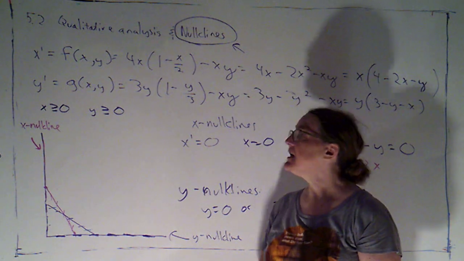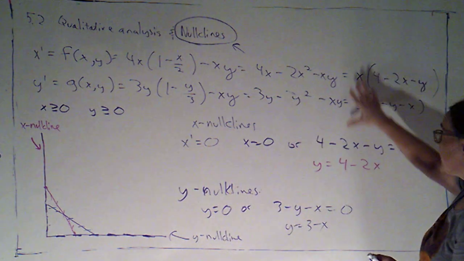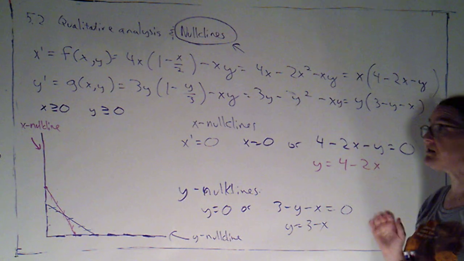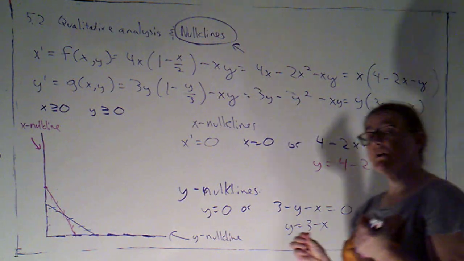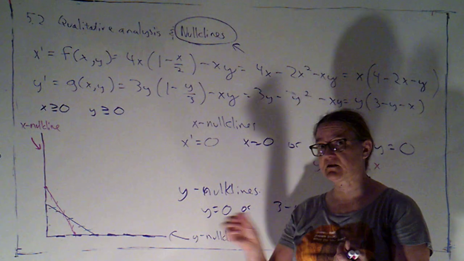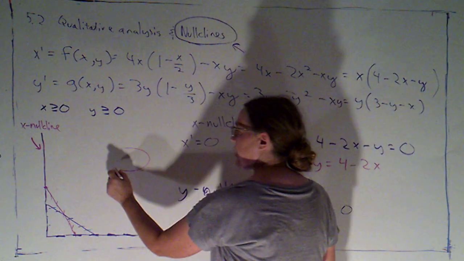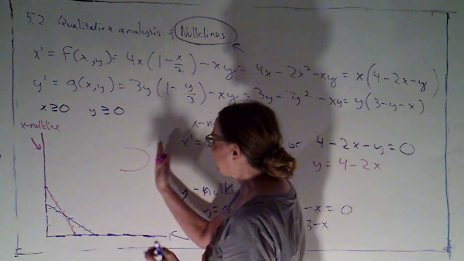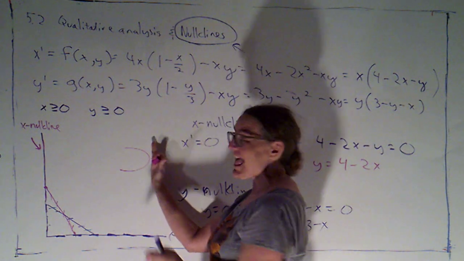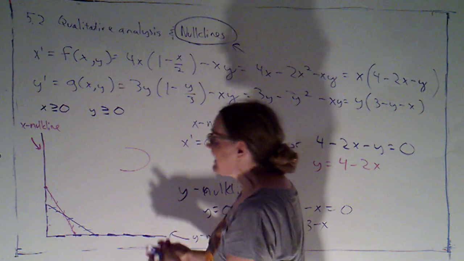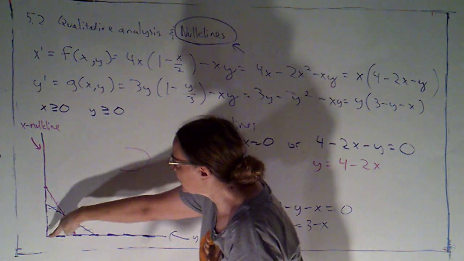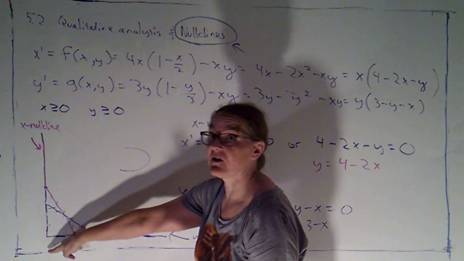Now, what's really significant is these nullclines are the only places that my solution curves can change direction. Because if I take a look, my derivatives are continuous and always defined, so the only time a derivative can change sign is if it passes through 0. But if I had a curve and I wanted to change from going to the right to the left, I'd have to have a vertical tangent somewhere. That can't happen except at points on this nullcline or on this nullcline.